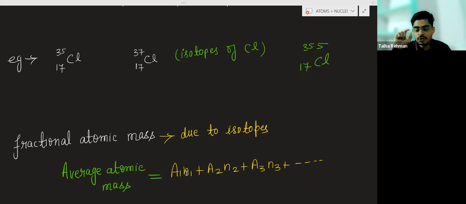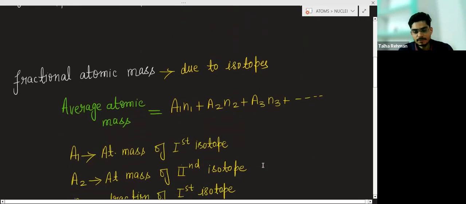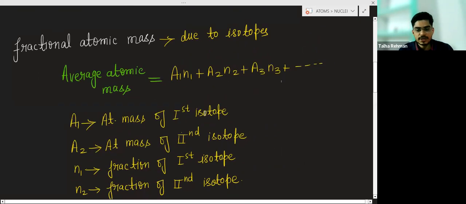N1 is the fraction of the first isotope, N2 is the fraction of isotope 2, and N3 is the fraction of isotope number 3.